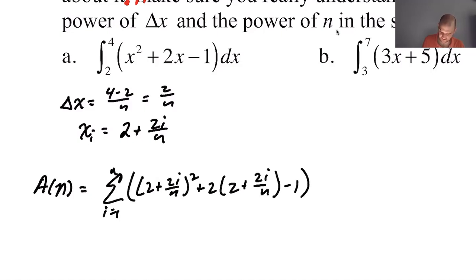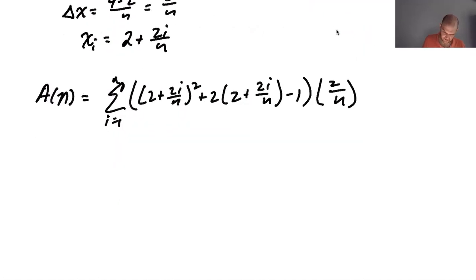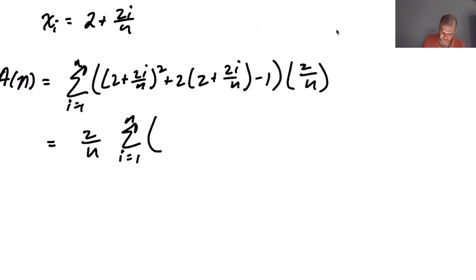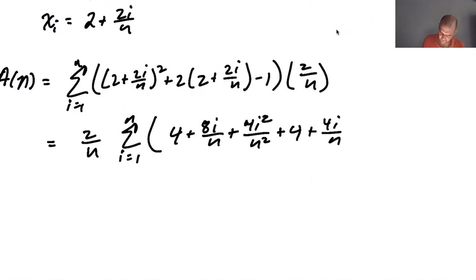All right, that's just f of x, and then we need a delta x, 2 over n. Okay, so I'm going to take out the 2 over n, just doing the things we usually do, right? So these are very much like practice at this point. You should kind of know what you're doing. Multiply them together is 4 times 2 is 8i over n plus 4 squared, like that. And then distribute. Oh my god, everything looks the same.